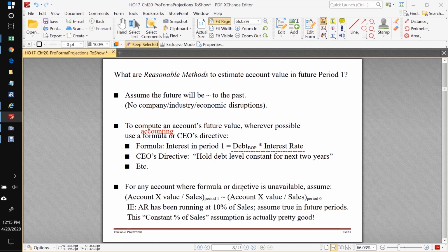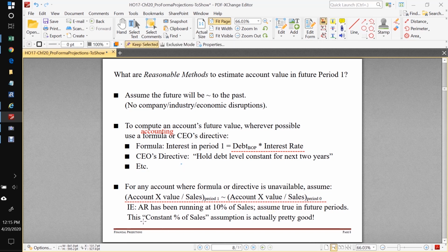And then finally, for any account where we don't have a formula or a directive, we're going to assume that the value of account X divided by sales in period 1 is proportional to the value of account X over sales in period 0.